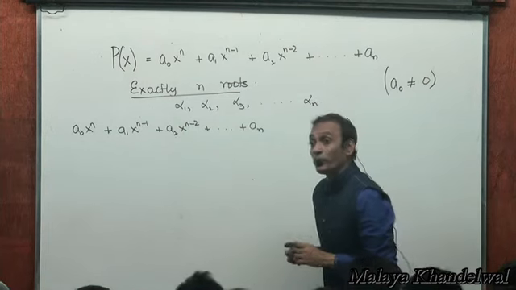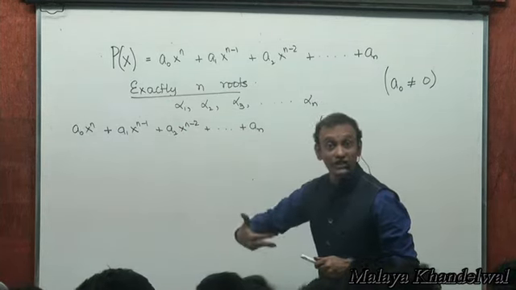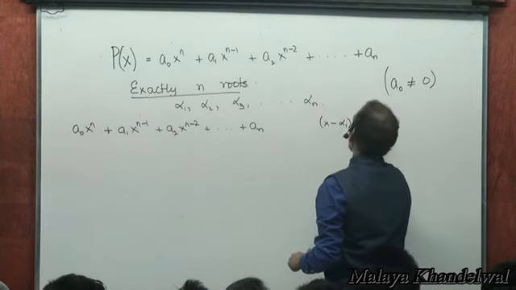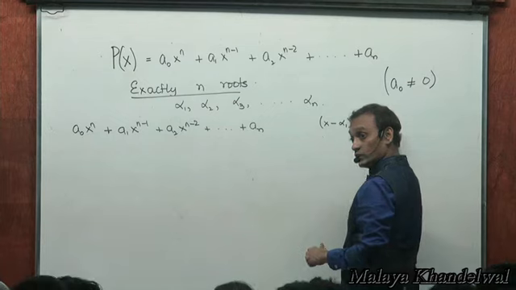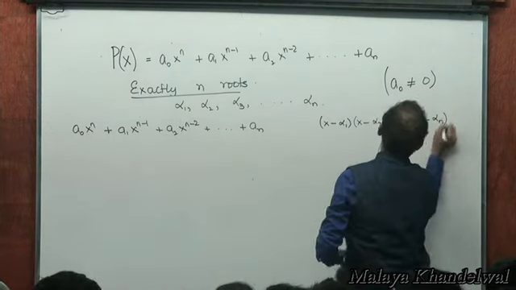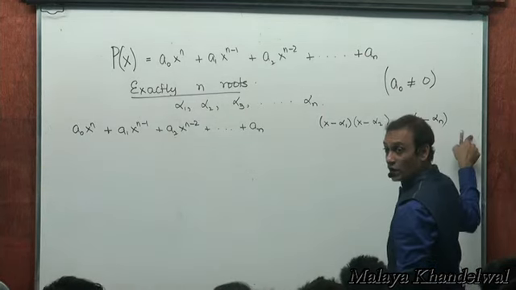See, when you factorize a polynomial, are you creating an equation or an identity? Identity. Factorizing will always create an identity. Similarly, x minus alpha 2 will be a factor of this polynomial. x minus alpha n will be a factor of this polynomial, right? So these are all the factors of this polynomial.